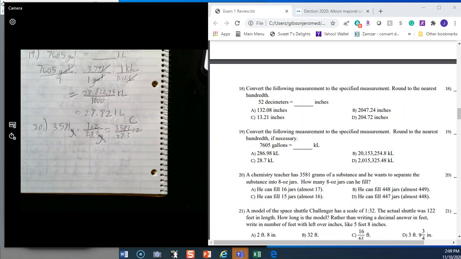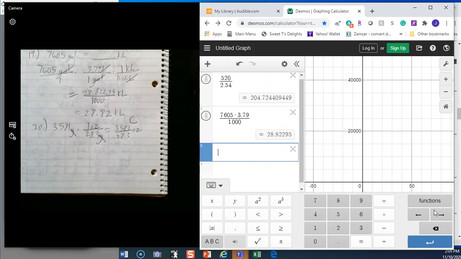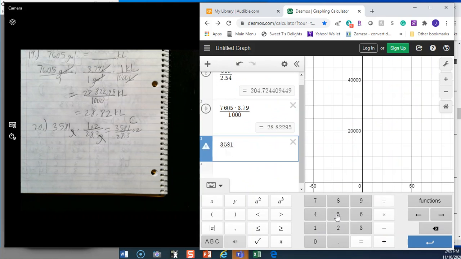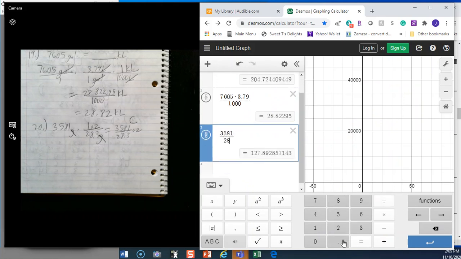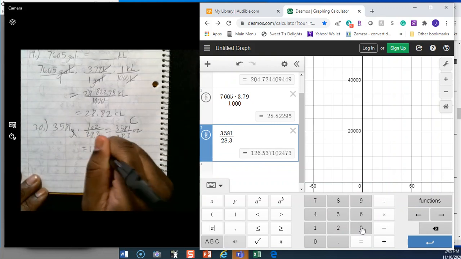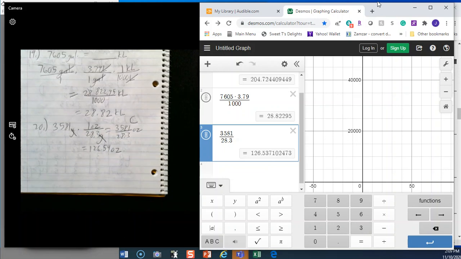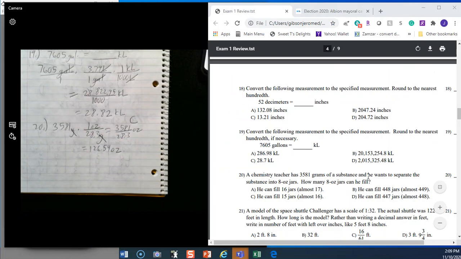So we'll pull up our calculator. So you have 3,581 divided by 28.3. So it'll be 126.54. All right. So that's how many ounces you have.